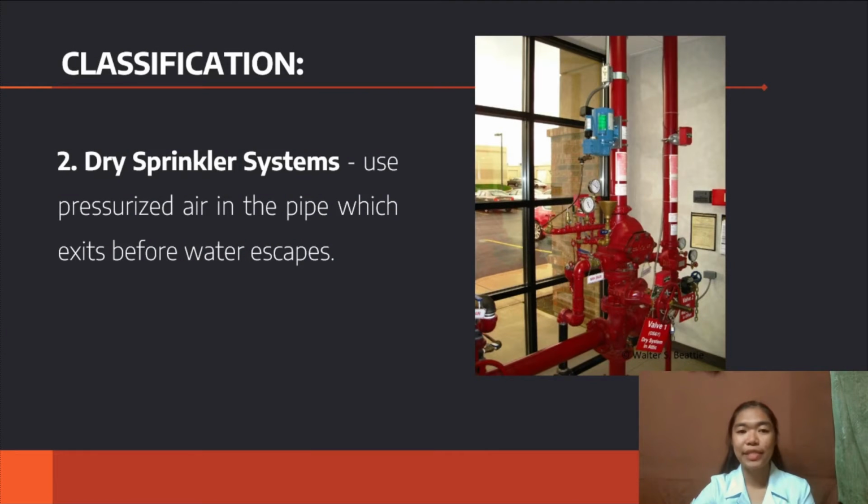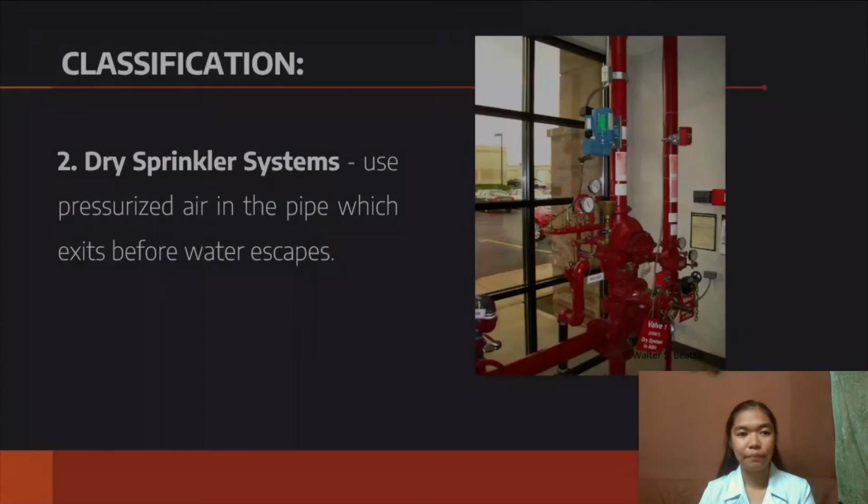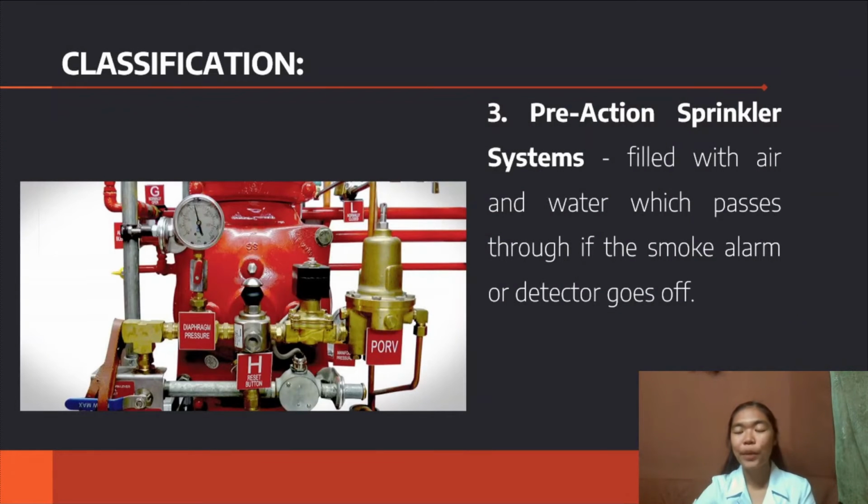Dry sprinkler systems. These systems use pressurized air in the pipe which exits before water escapes. Third, pre-action sprinkler systems. These systems are filled with air and water which passes through if the smoke alarm or detector goes off.